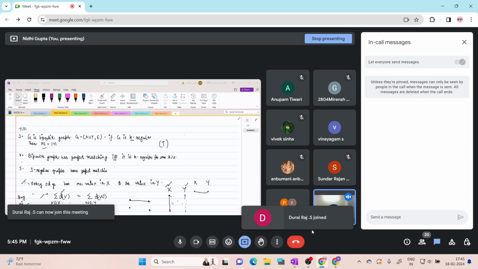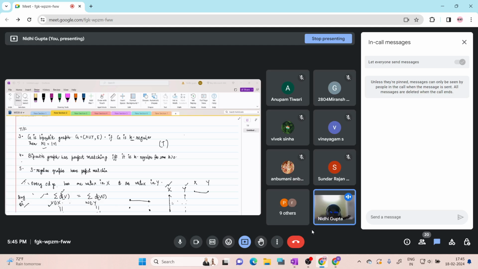Our theorem says that if a bipartite graph is k-regular, then it has a perfect matching. But this statement is saying that a bipartite graph will have a perfect matching if and only if it is k-regular. One implication we know: if a bipartite graph is k-regular, then it has a perfect matching. But is the other condition true or not? If it is also true, then the statement is true.